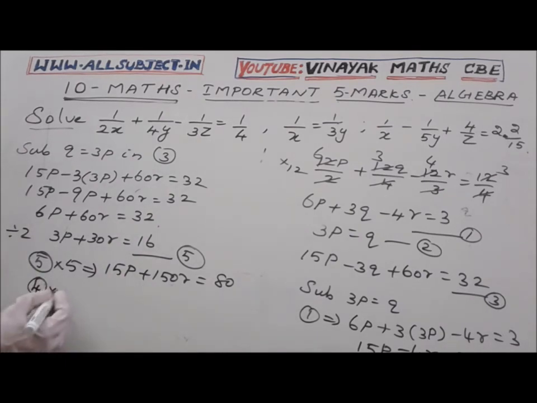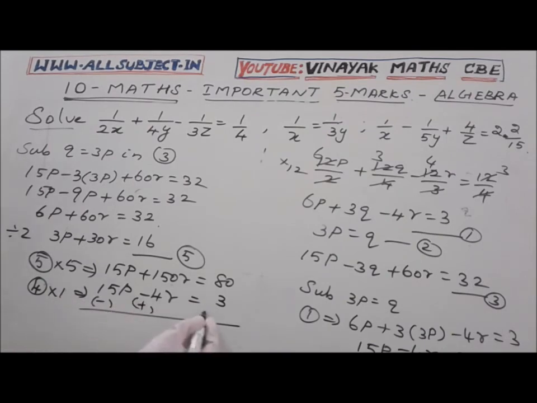The fourth equation is 15P minus 4R equal to 3. Here we can subtract. P is eliminated. Now 150 plus 4, 154R equal to 77. Which implies R equal to 77 by 154, that is equal to 1 by 2.